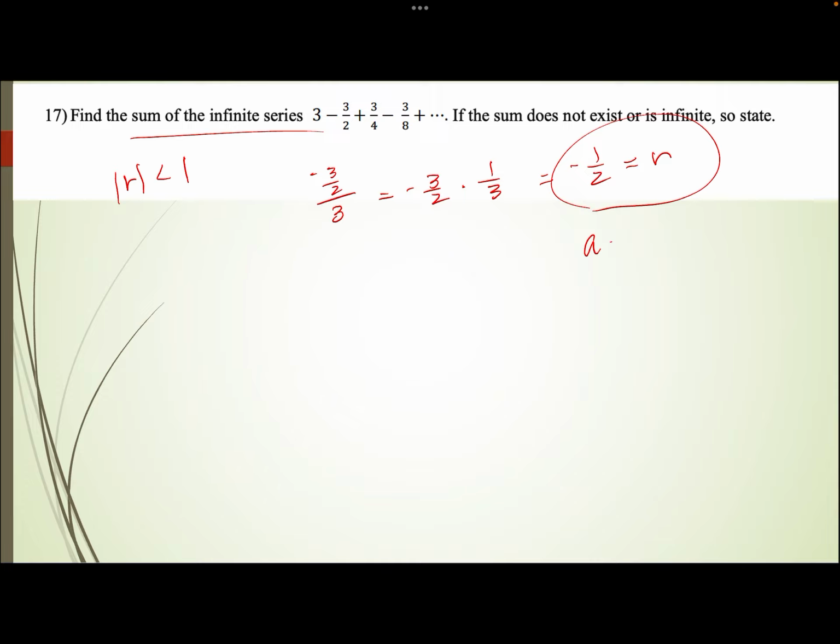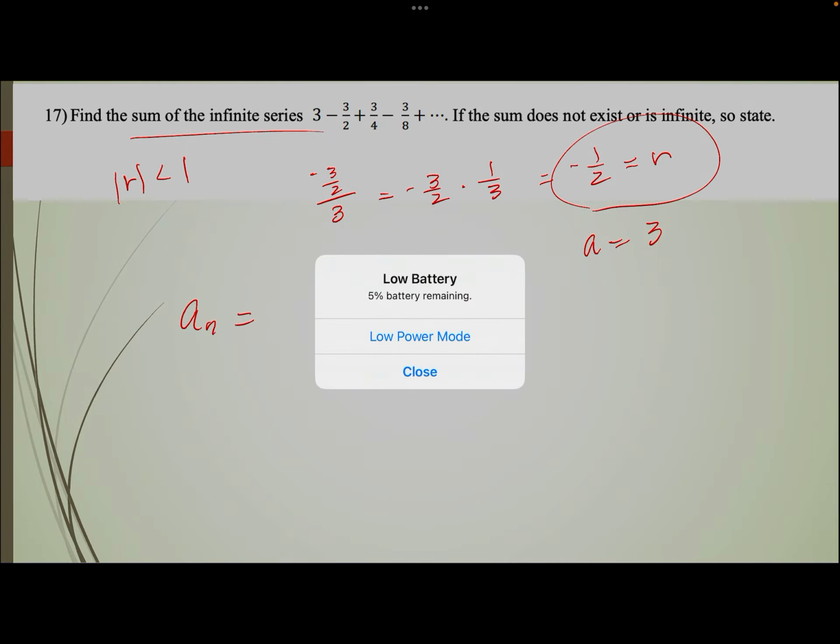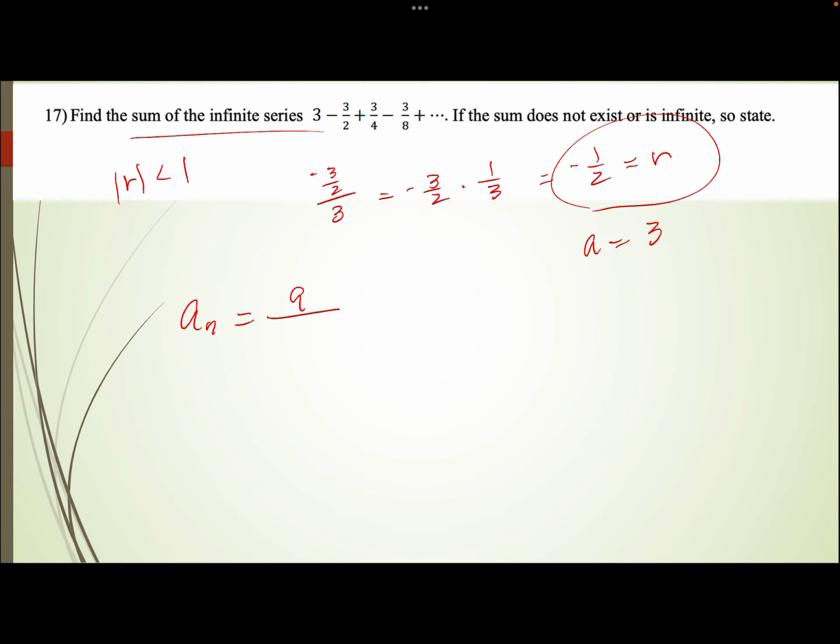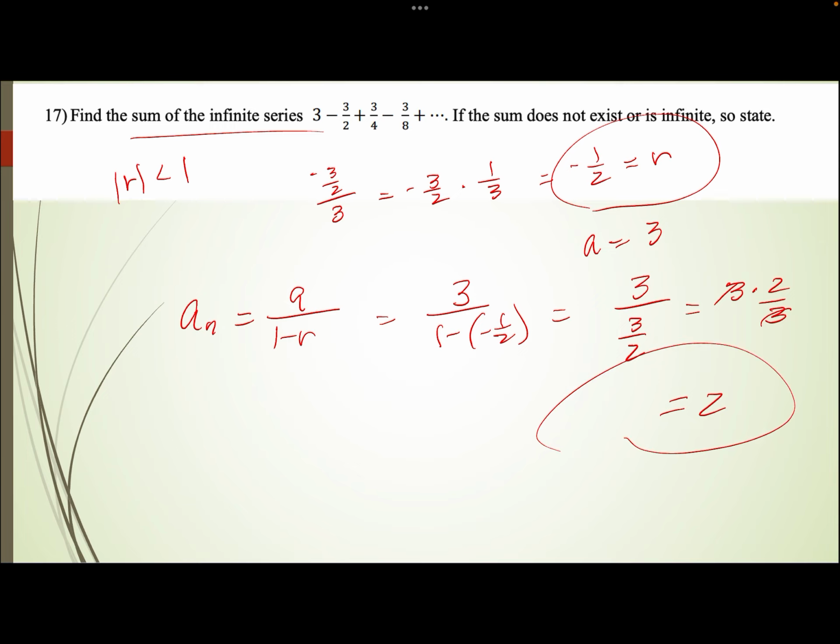And my A is 3, and that's all I need. If I look on my formula sheet, it's A over 1 minus R. So it's 3 over, be careful with the -1/2 here. It's 3 over 3/2, which makes it 3 times 2/3, which makes my sum 2.